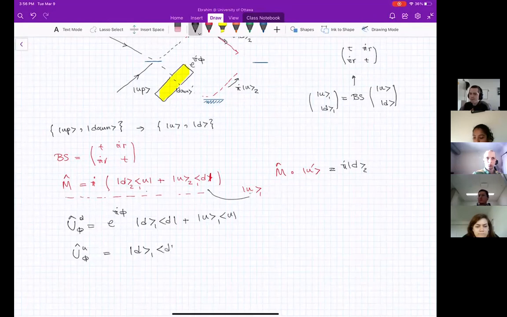Lovely. Good. All right. Excellent. So what else do we have? We have mirror, we have beam splitter, we have phase elements. With these, we can build a Mach-Zehnder interferometer. That's all.